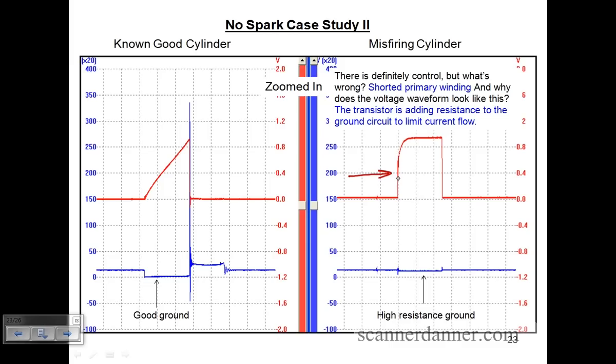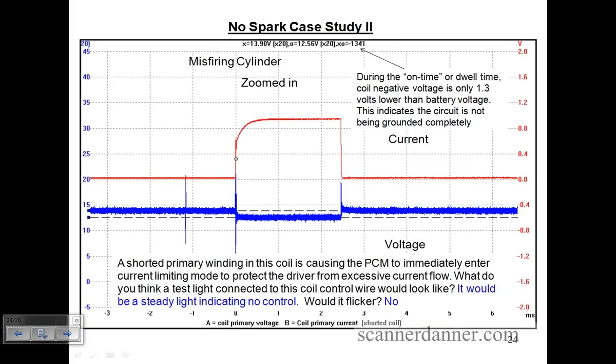So, what is that? I think we need to go in one more time. There is control on the voltmeter. There is control. What are we looking at? What we're looking at is a driver that is protecting itself from too much current flow.